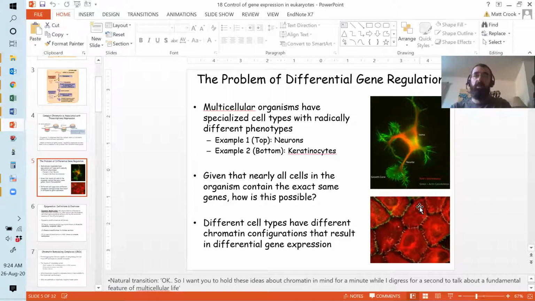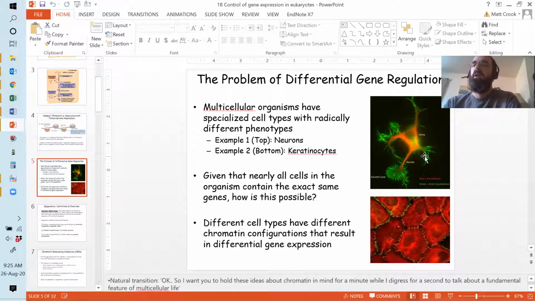There is not really any significant difference between these two cells in terms of which genes they can express, because they all have the same information. It's a really important point to get. The big difference, what makes them different, is which genes they do express, right?